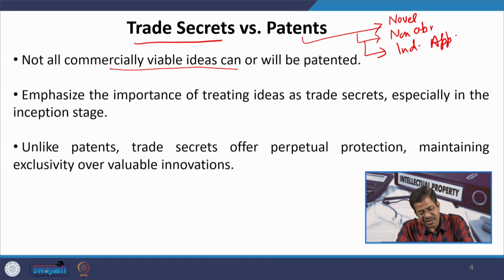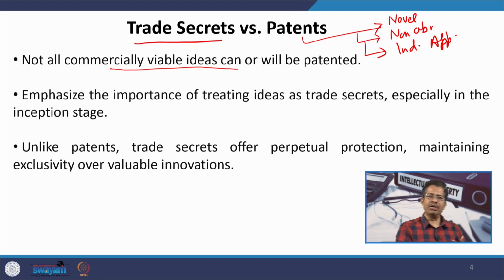But there may be one more reason also. Even if it is novel, even if it is non-obvious, and even if it has some industrial application, you may prefer trade secret over patent, because it will be challenging for you to minimize the infringement of your patent. If it is a very easy thing to copy, and that copying of your patent, unauthorized use of your patent, is possible without much effort, then it is difficult to maintain the exclusivity of that patent.